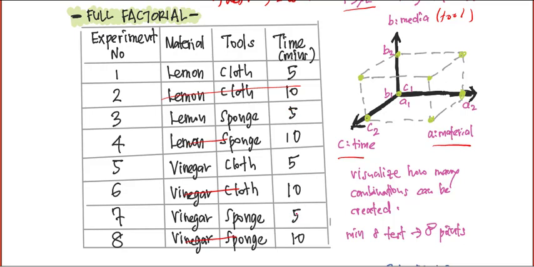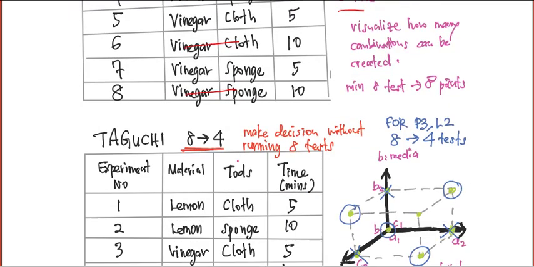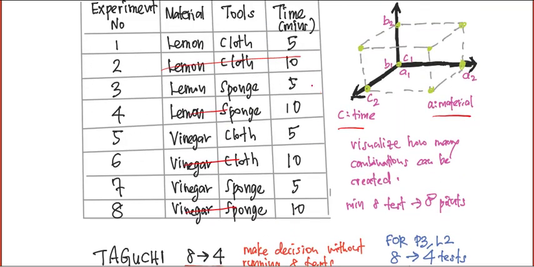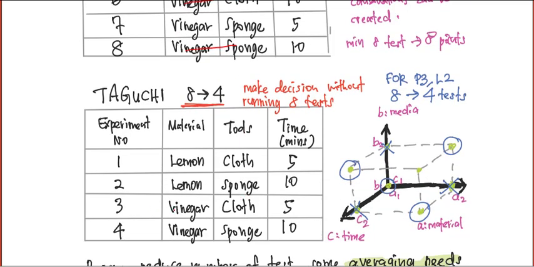So if you notice here, we have only checked 5 minutes. So what we can do is to keep 10 in some of them to satisfy both. What we have done is we keep lemon cloth 5, the first one, then lemon sponge. This time we keep this one, the time 10 minutes instead of 5 minutes. How about the third one?